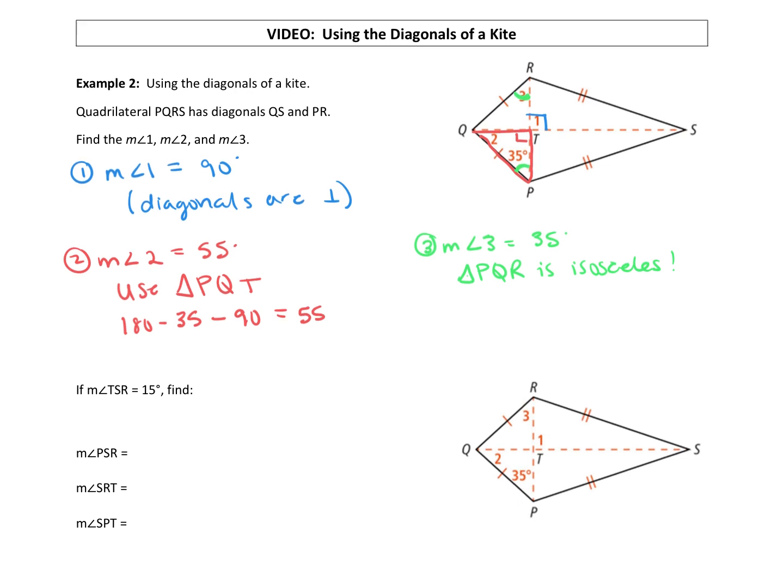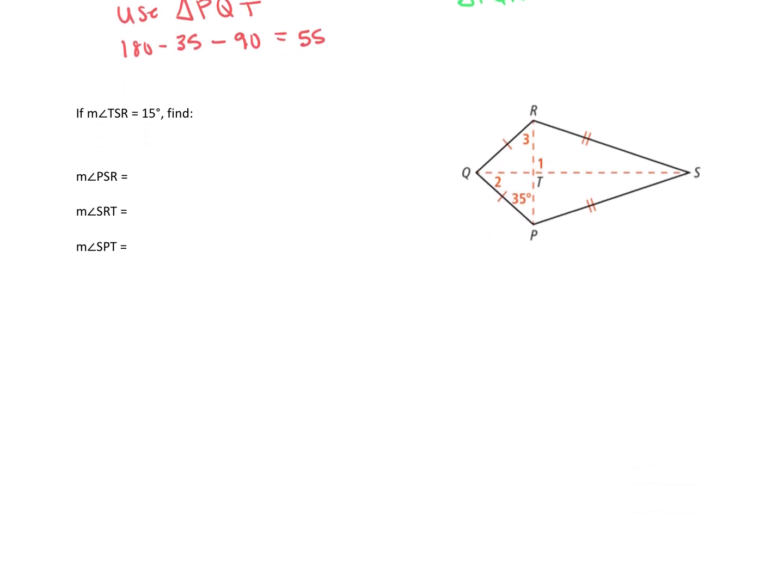All right, so we have one more example just to keep practicing. If the measure of angle TSR is equal to 15 degrees, find some other angle measures. So let's find angle TSR. We go from T, to S, to R. The vertex is S, so it's this angle right here.